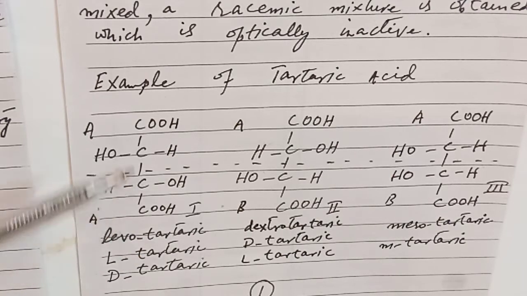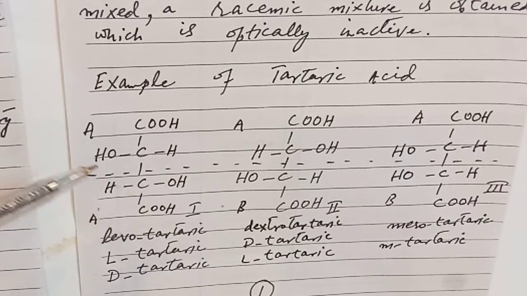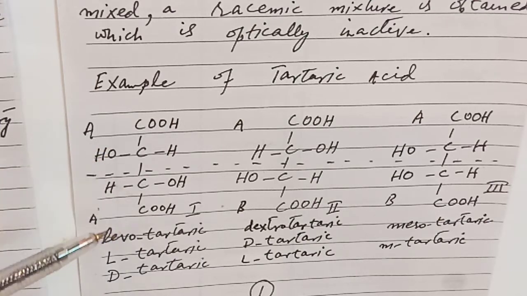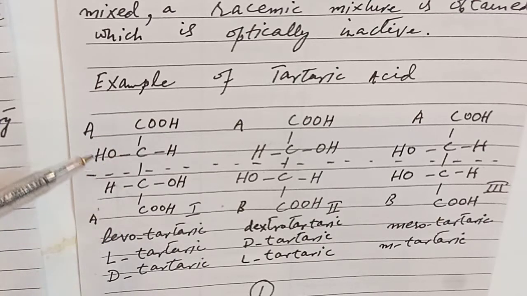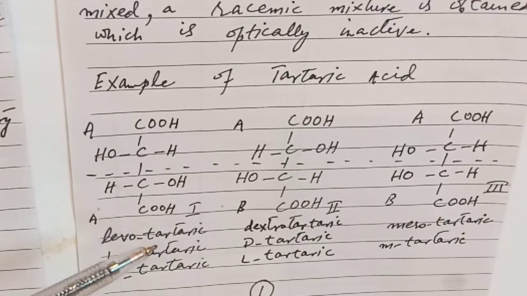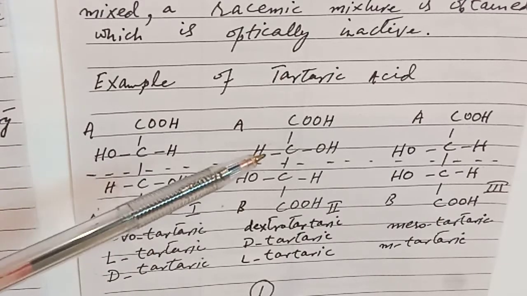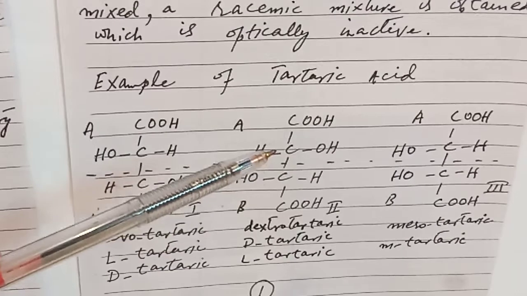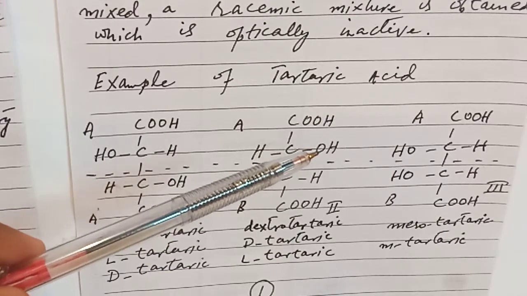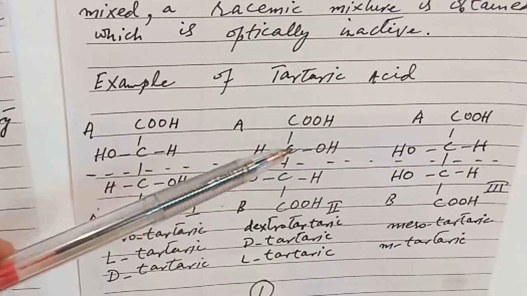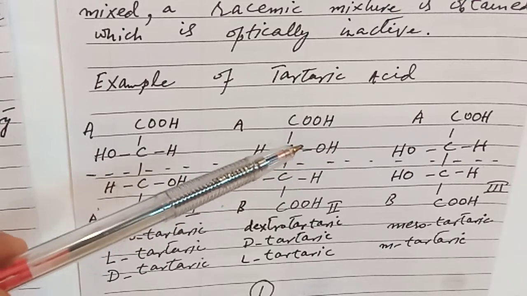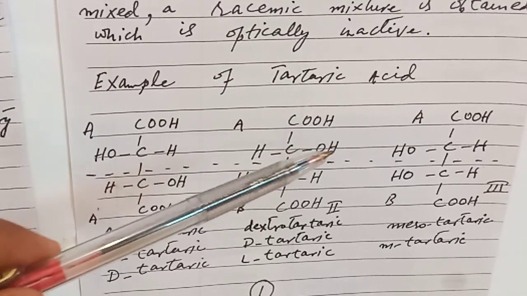Levotartaric means it will rotate the plane polarized light in anti-clockwise direction, and this is because of the arrangement of the alcoholic group on the left side, which is termed L tartaric. While in the second type, the location of this neighboring configuration is such that the carbon atom 2 alcoholic group is on the right side.